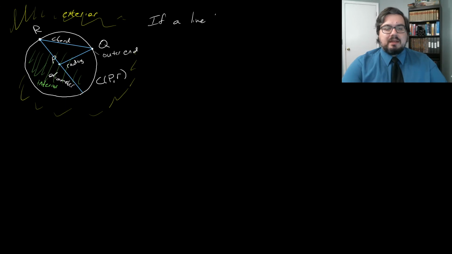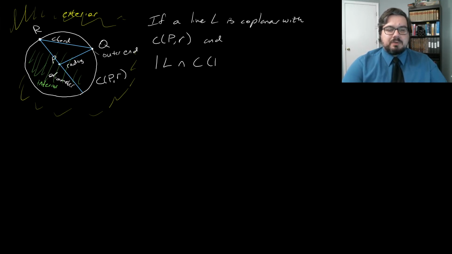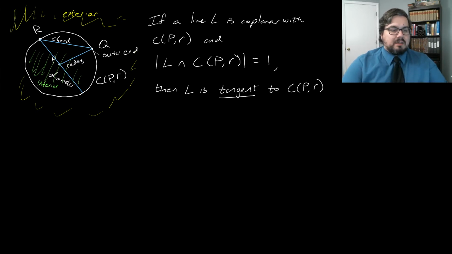If a line L is coplanar with a circle C(P,R), and the size of the intersection between L and C(P,R) is 1, then L is tangent to the circle with center P and radius R. So a line that is tangent to the circle is one that will intersect the circle in exactly 1 point.